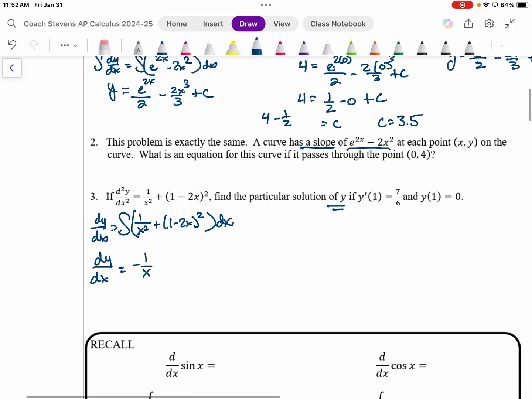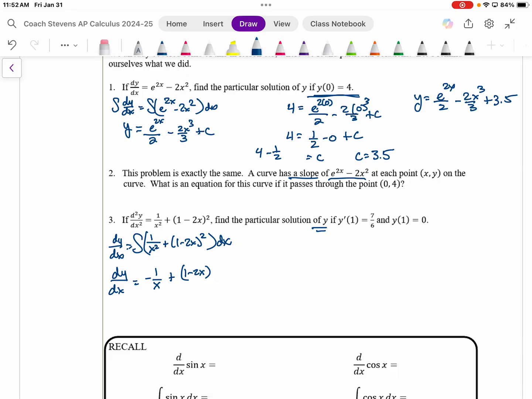And now this is where I have to remember the u substitution part. So plus 1 minus 2x to the third power over 3, but then remember, what's on the inside is a negative 2, so I got to multiply by a negative 2 down there.